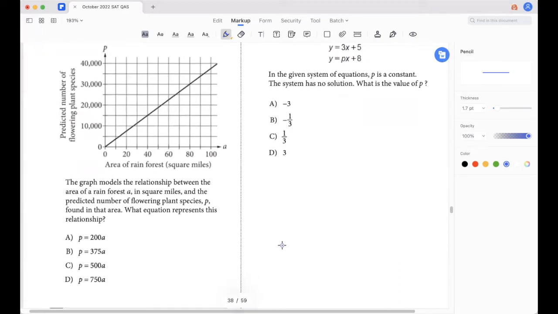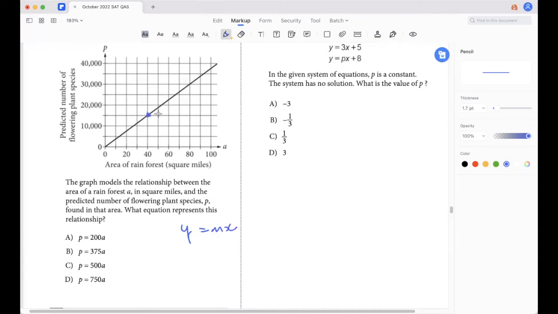Okay. The graph models the relationship between the area of rainforest A in square miles and the predicted number of flowering plant species found in that area. What equation represents this relationship? So there is no y-intercept, so it will simply be y is equal to mx, where m is the slope.